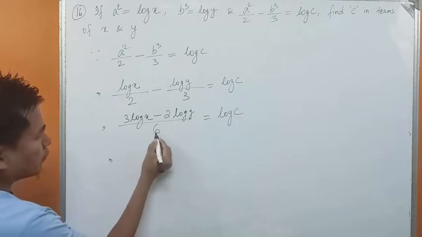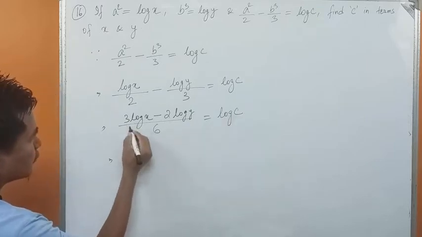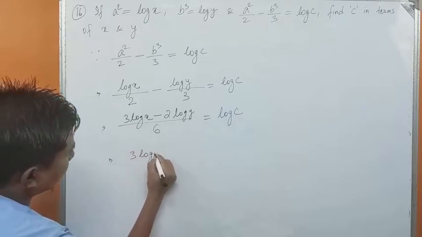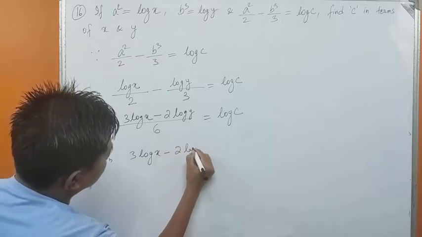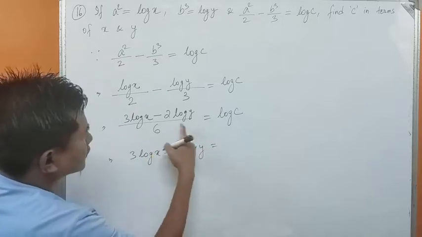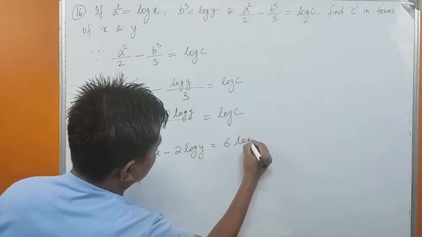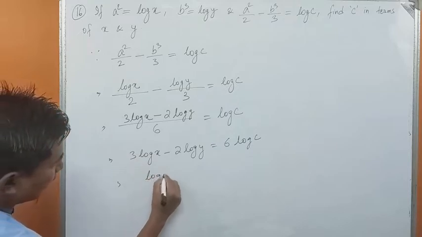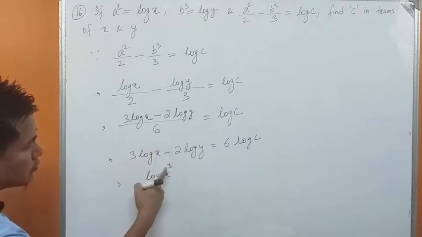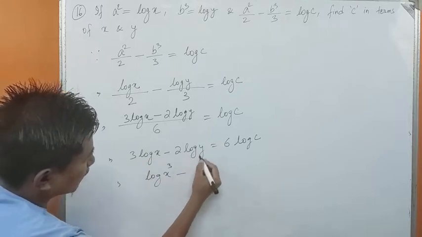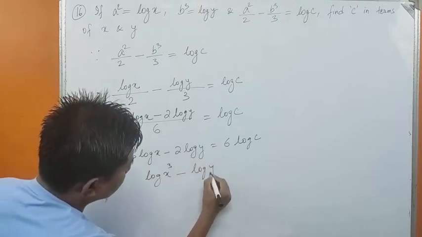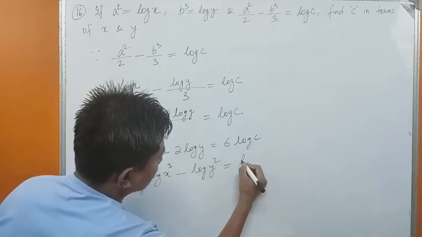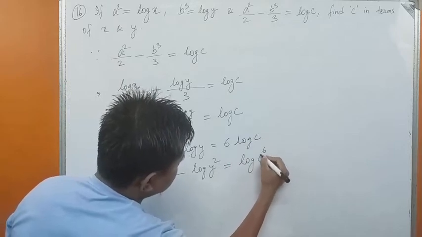Now we cross multiply this 6 to the right hand side. 3 log x minus 2 log y equals 6 log c. Or 3 log x means log x cube, this 3 is raised as a power, minus 2 log y is log y squared, equals 6 log c means log c raised to power 6.